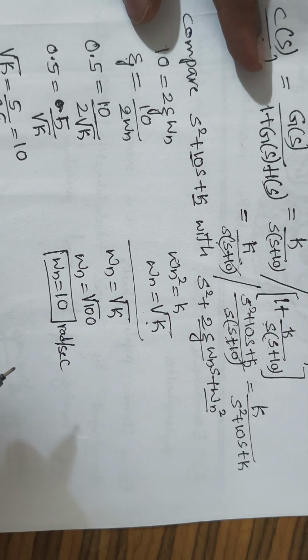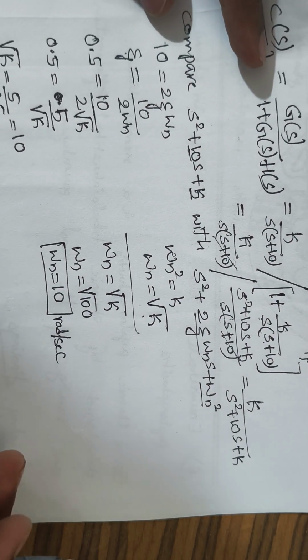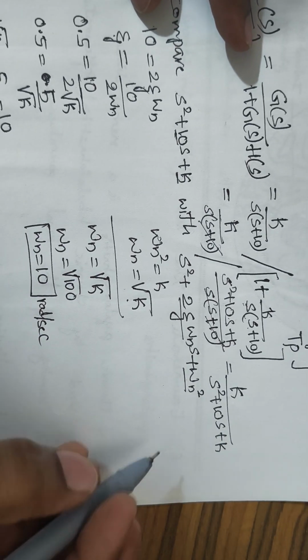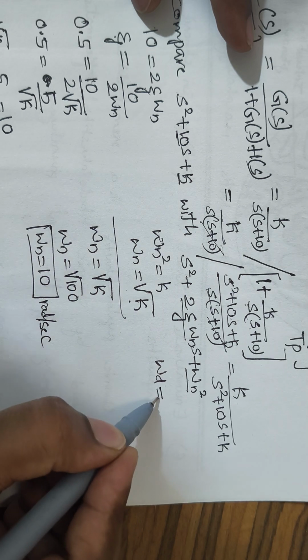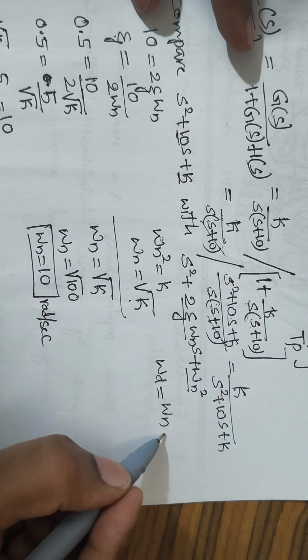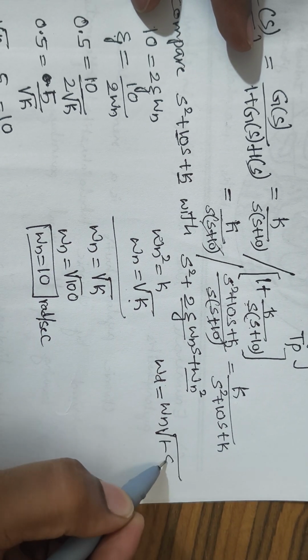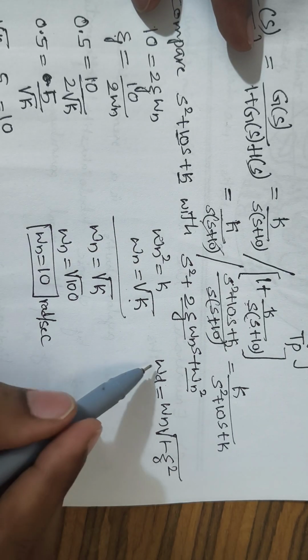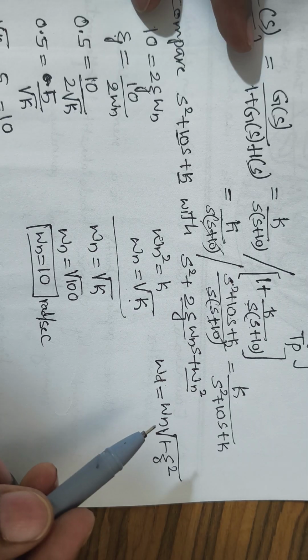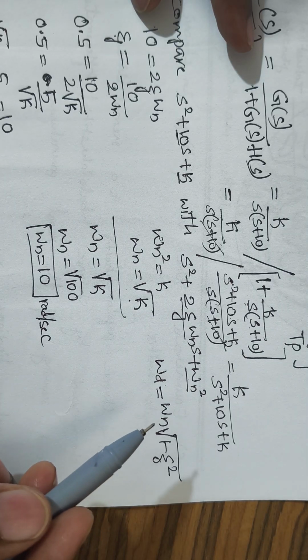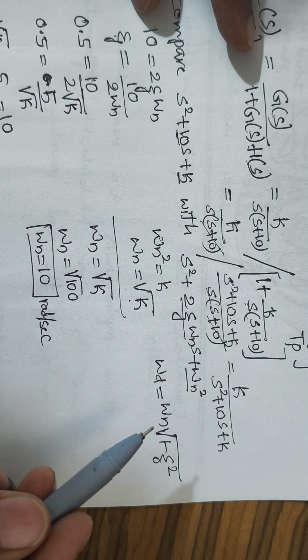Now we need to find the value for omega d. Omega d is given as omega n into square root of 1 minus zeta square. Why are we finding omega d? Because in the formula which we use for TP, the time to peak overshoot, we need the value of omega d.